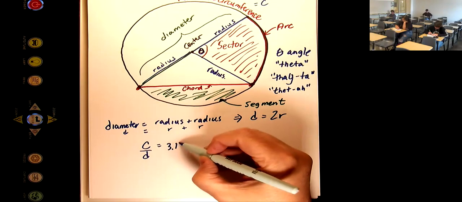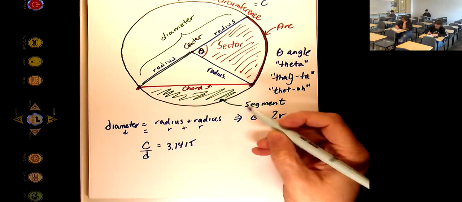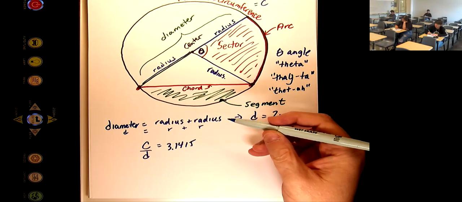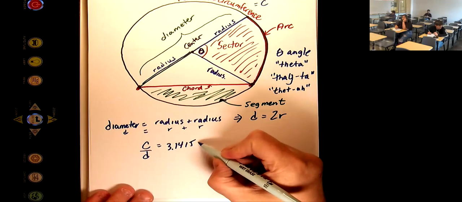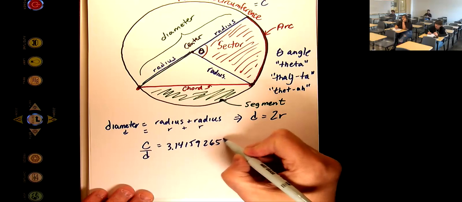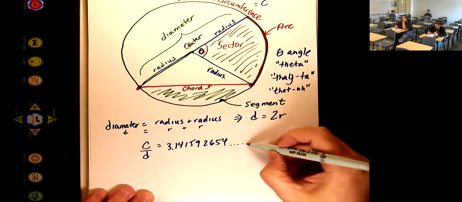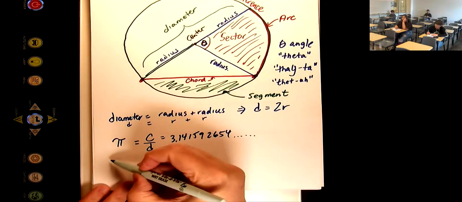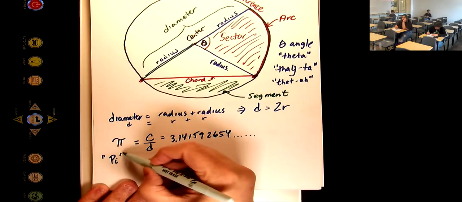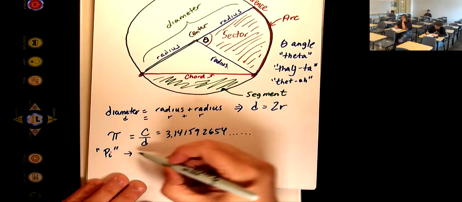It's 3.14159, 2654. This keeps going. This number has the symbol that looks like that, and it's pi.